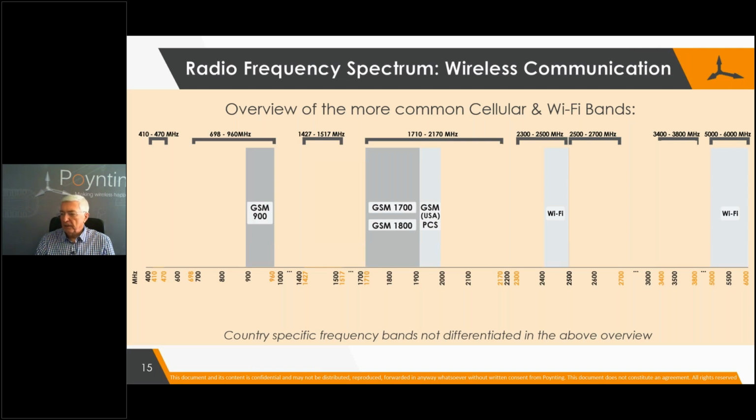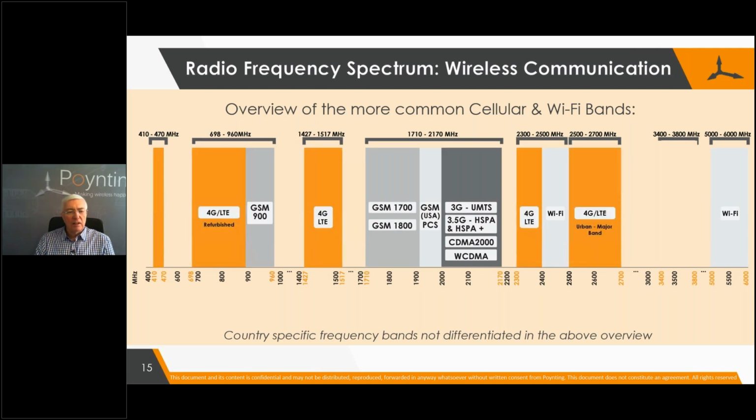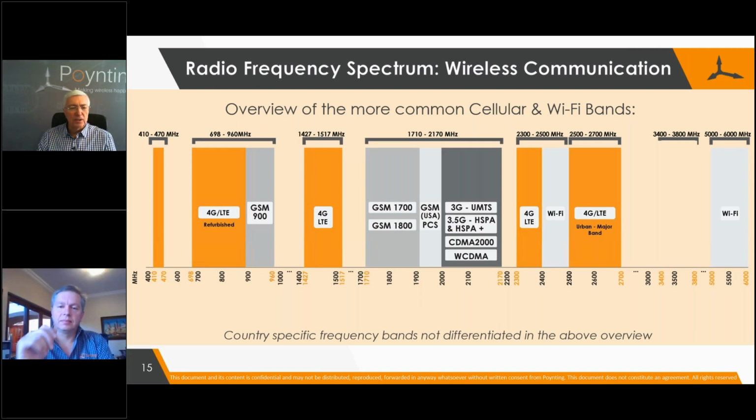You can see the frequency bands used in the US, and then later on came 3G or UMTS, Universal Mobile Telephony Services, and the 3G high-speed packet access, HSPA, etc. Then came the long-term evolution signals, and there you can see the frequencies used by long-term evolution. And then lastly, and certainly not least, is 5G.